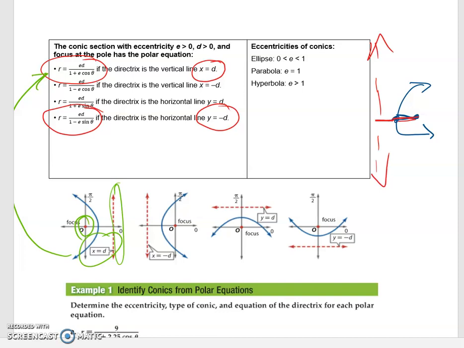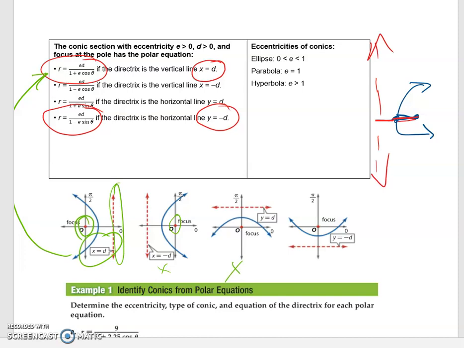In the second one, I see that my directrix is to the left of the pole, which gives me a directrix x equals negative d. So I would go up to my chart, and when x is negative d, then the denominator is 1 minus e cosine theta.